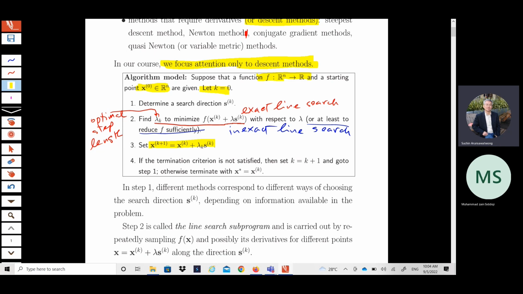For example, if we find that xk plus 1 does not differ much from xk, then you may decide to stop. Or you may look at the difference between f of xk plus 1 and f of xk.